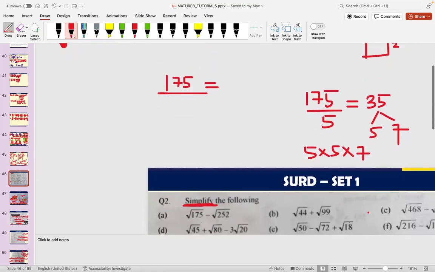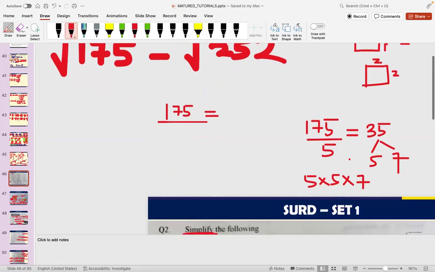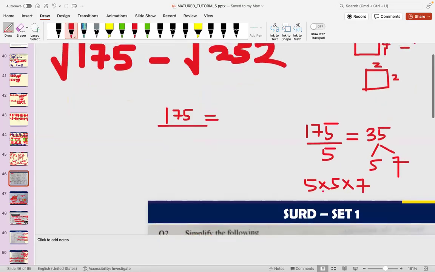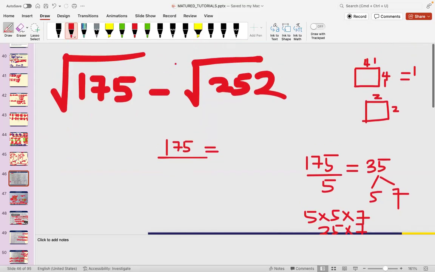Now, what is 5 times 5? 5 times 5 is 25. So you have 25 times 7. So the first one, you've been able to break it down to 25 multiplied by 7.